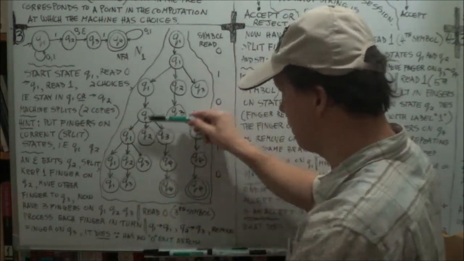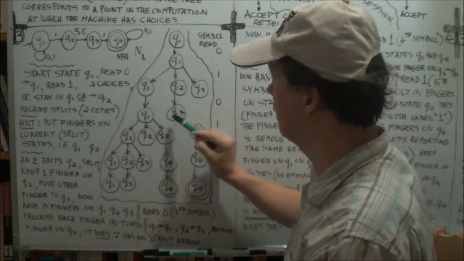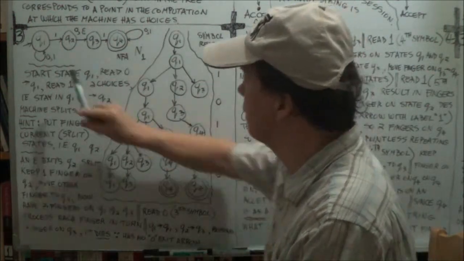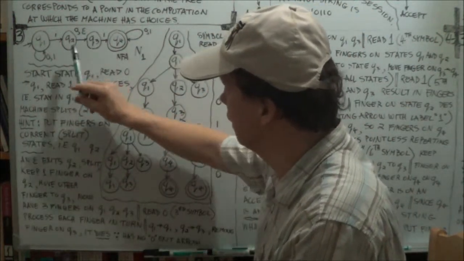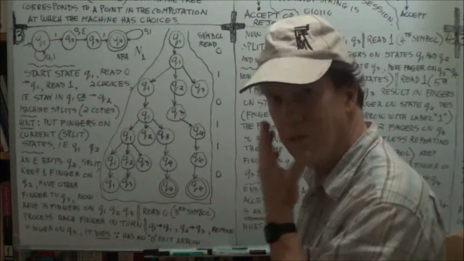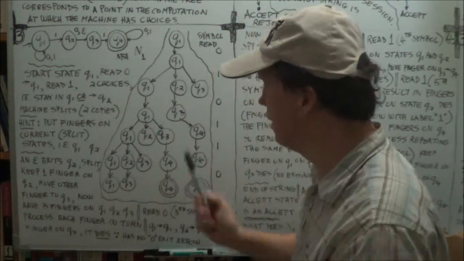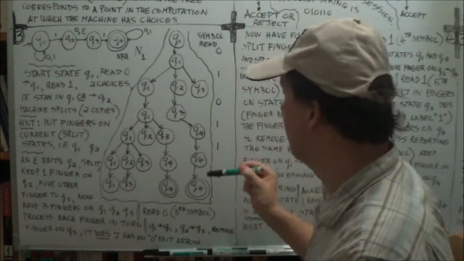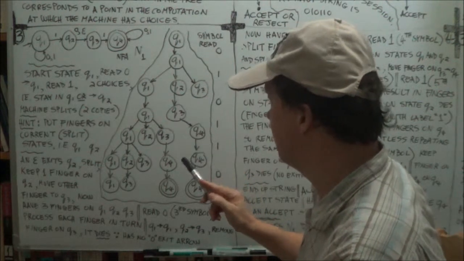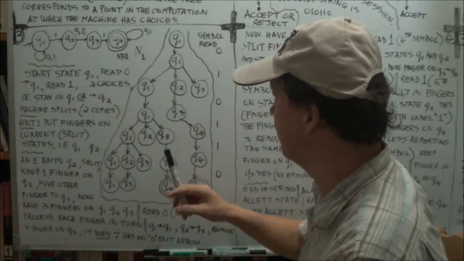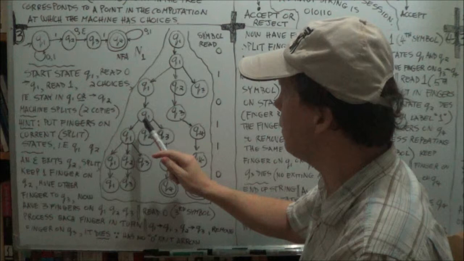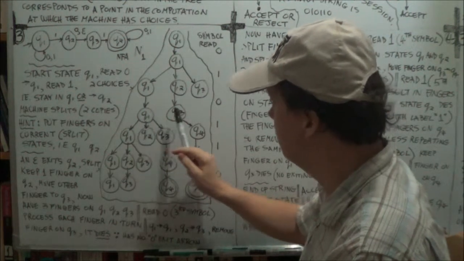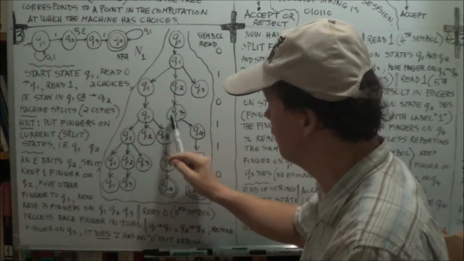So now at this stage you have two of the states with two machines. So this one's fingered and this one's fingered. The other two are not. I hope you're following me so far, right? With all these details. So we have two of the machines, two states fingered.